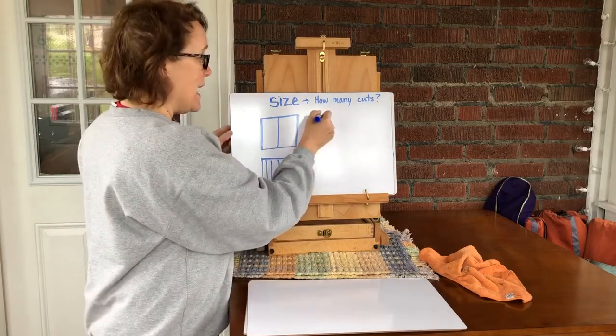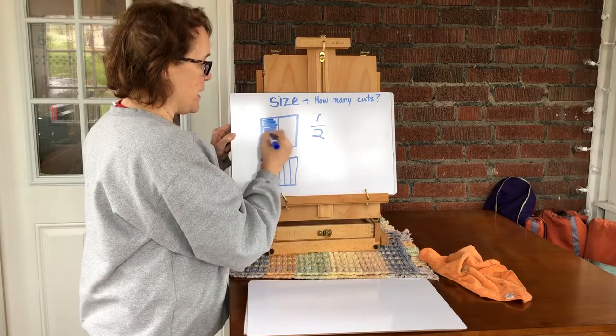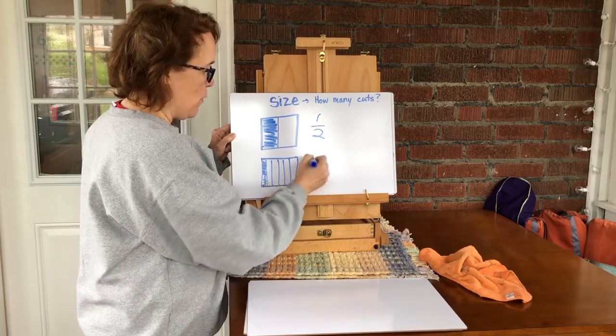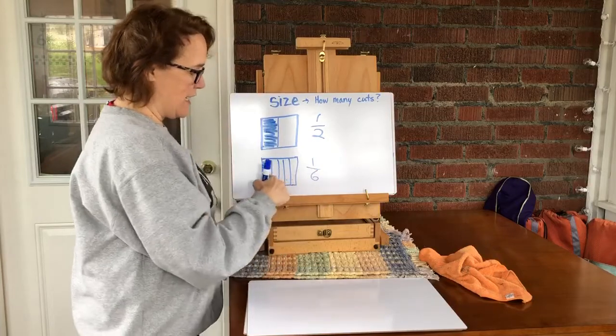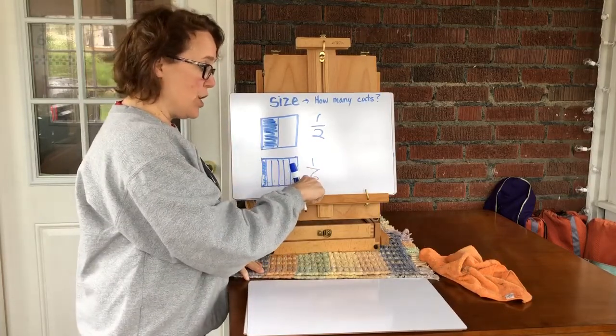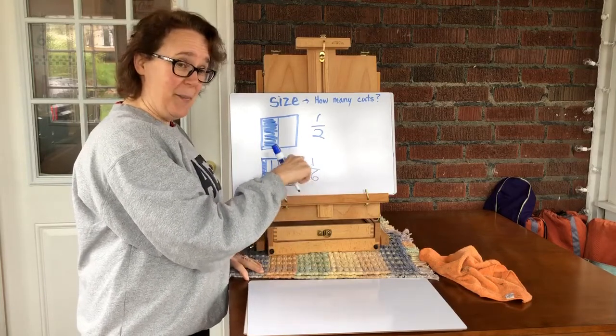So if I have 1 half of a cake, that's a big piece. But if I have 1 sixth of a cake, that's a smaller piece. So don't judge the size of a fraction by the denominator.